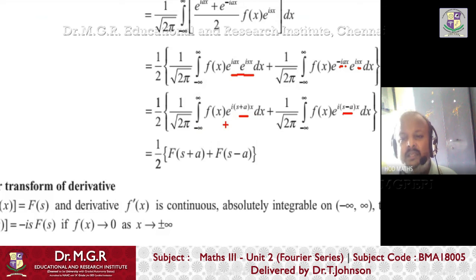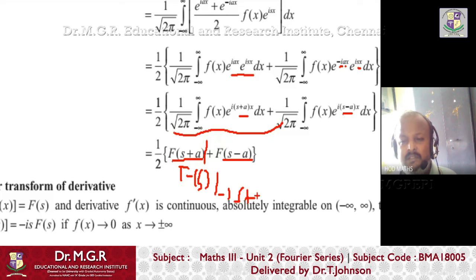Just now we have seen this is the definition of Fourier transform, with s plus a in place of s. So this can be written as F of s plus a, and this can be written as F of s minus a. But what is the original meaning of this? The original meaning is: find F of s, and change s as s plus a. Similarly, find F of s and change s as s minus a.